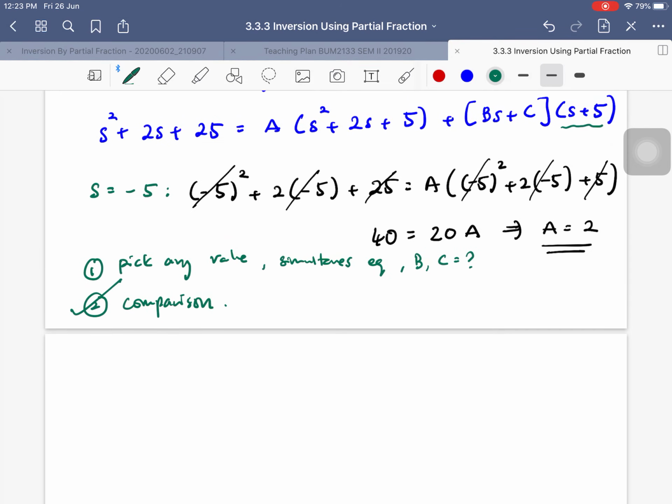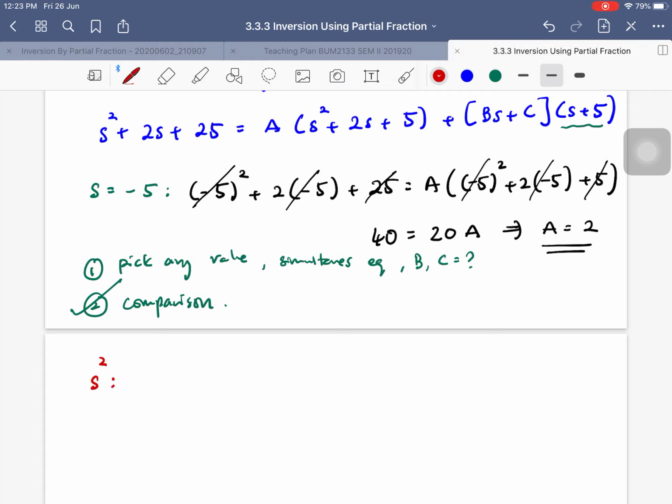Okay, now I need to find the value. I already have a. I need to find the value of b. First of all, if I were to expand this, actually you don't really have to expand. From here, right away I can tell. I'm going to start comparing those with s to the power of 2.